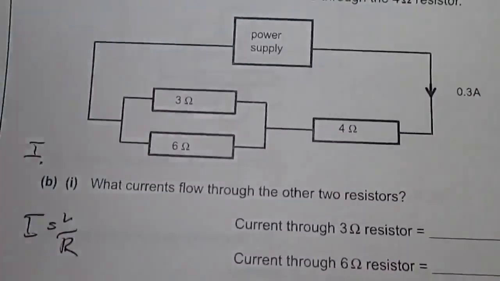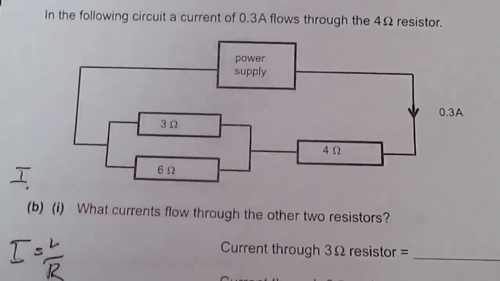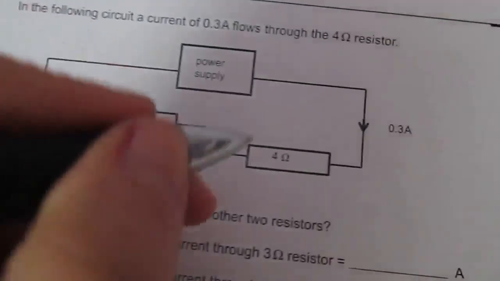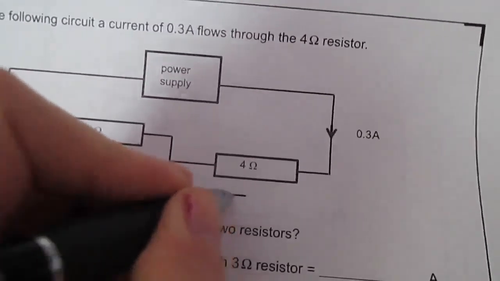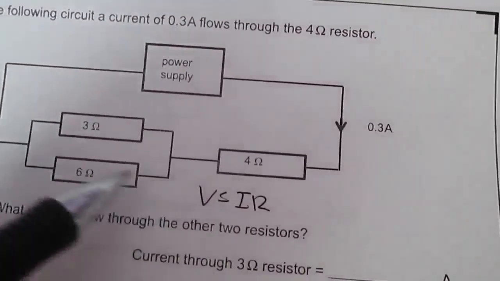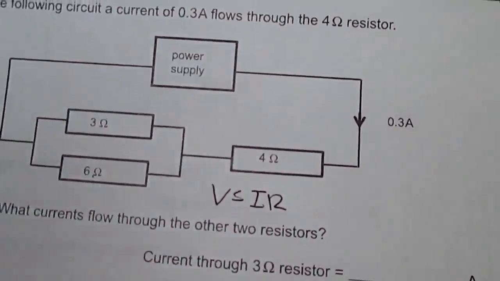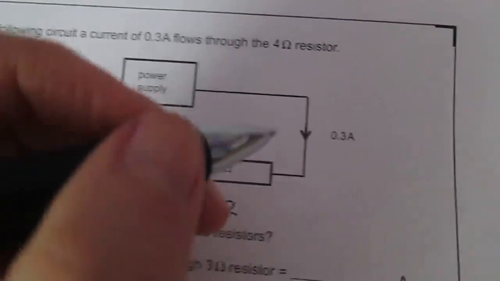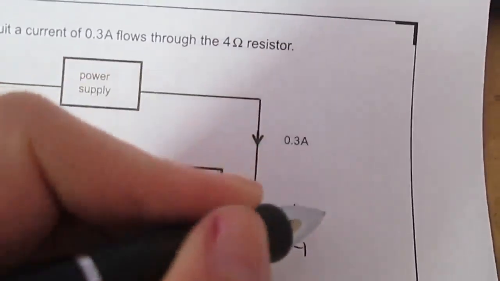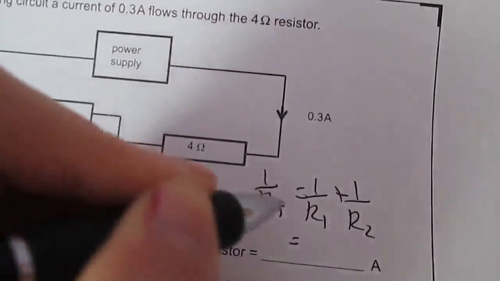So the first thing I'm going to do is find the total voltage through the circuit. Okay, I can use this formula here: V is equal to IR. So we obviously have to find the resistance of these 2 here, that's parallel. So using your 1 over RT formula, it's 1 over 3 plus 1 over 6.